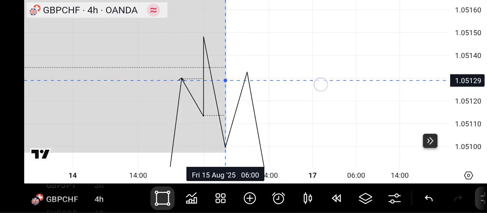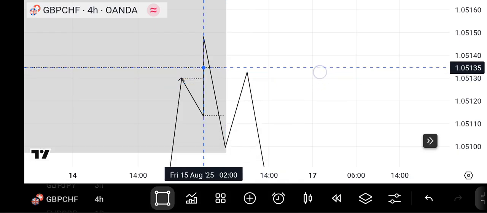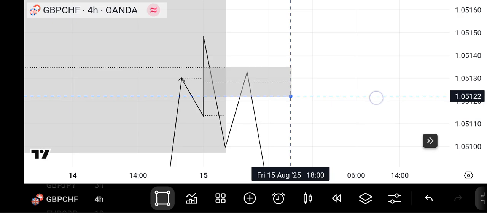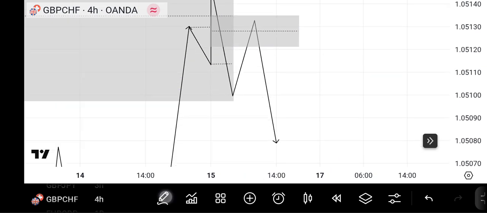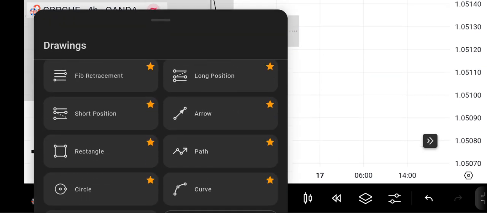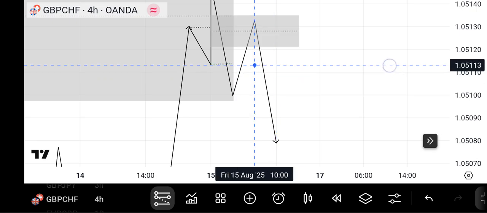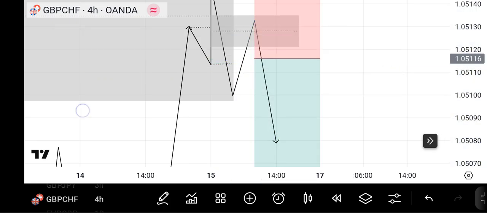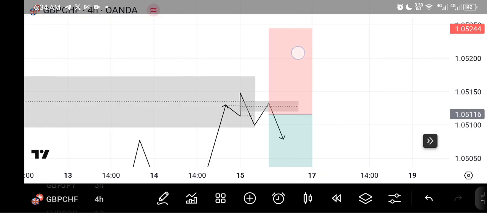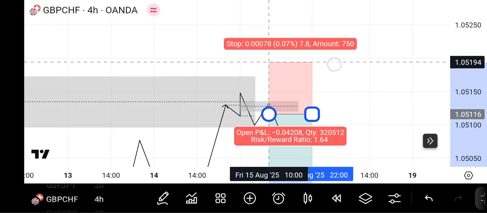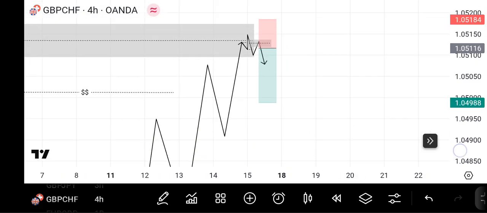Fair value gap, and then I pick my entry. I pick my entry.